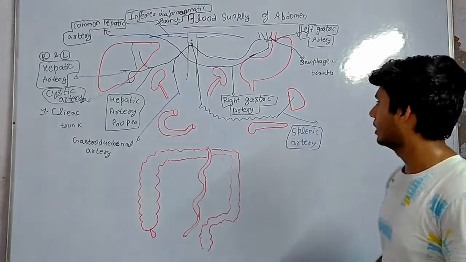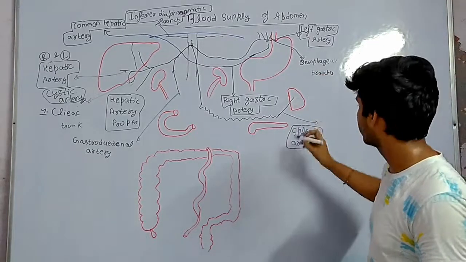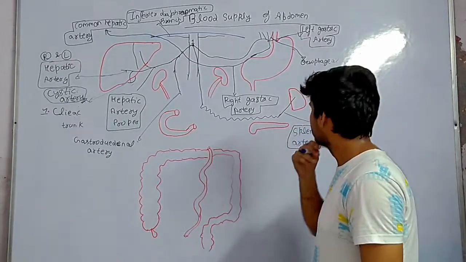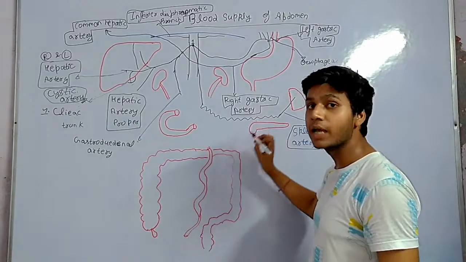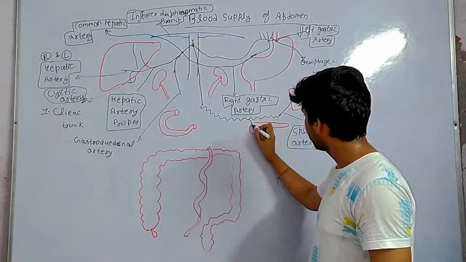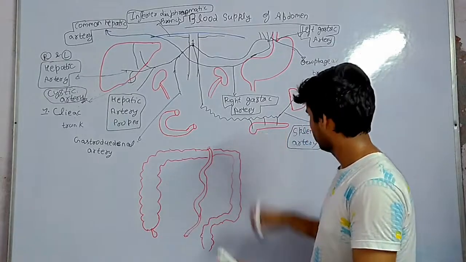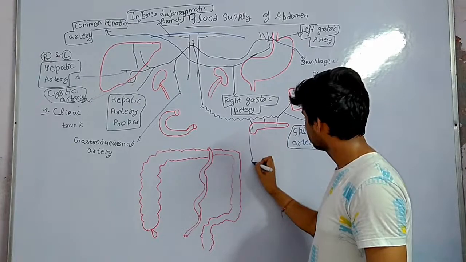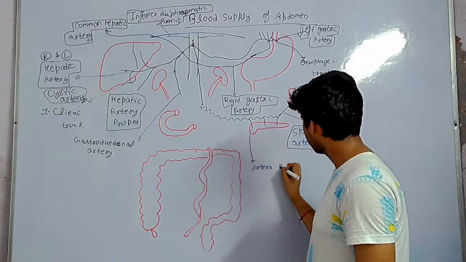Then this artery gives branches and supplies the stomach and pancreas. First it supplies the pancreas through three branches: 1 branch, 2 branch and 3 branch. First branch is called arteria pancreatica dorsalis.